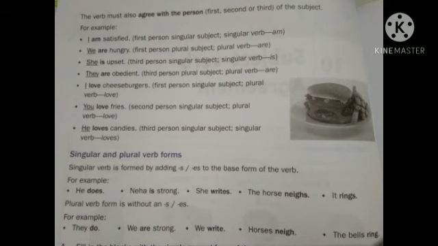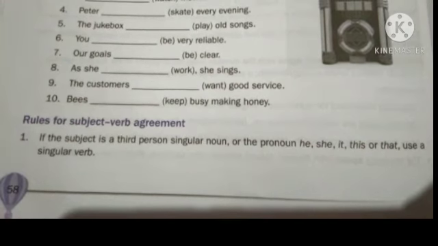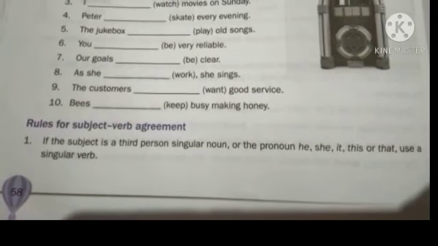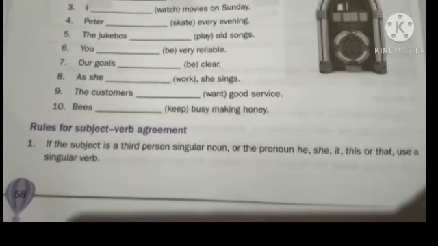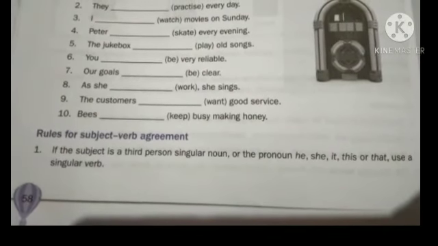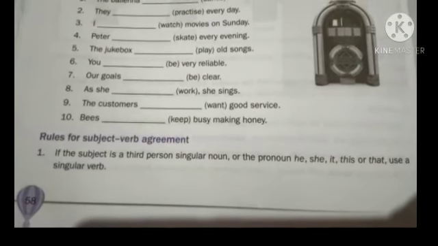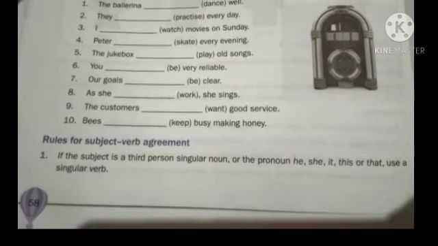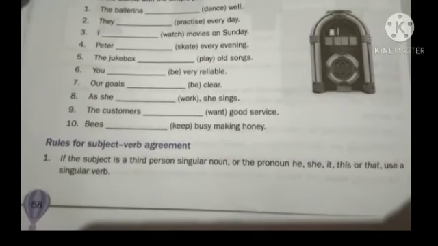Next, there are again some rules which are given there. The exercise we will be solving later. Rules for subject-verb agreement. If the subject is a third person singular noun or the pronoun he, she, it, this or that, use a singular verb. So third person means he, she, it, this or that.